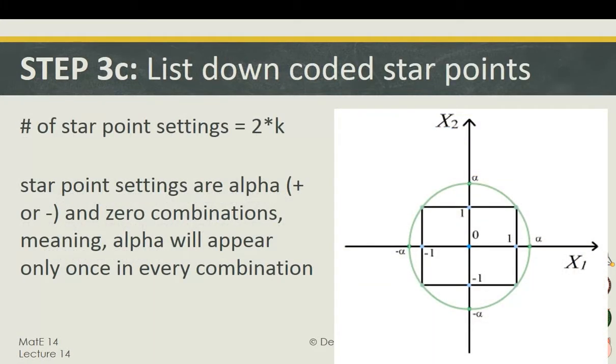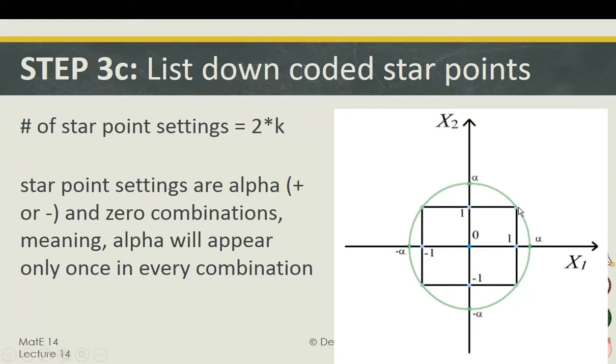So here, this is an illustration of how the coded design of experiment would look like now. If you look at the square, the corners of the square represent your factorial points, or the usual 2 to the k combinations.